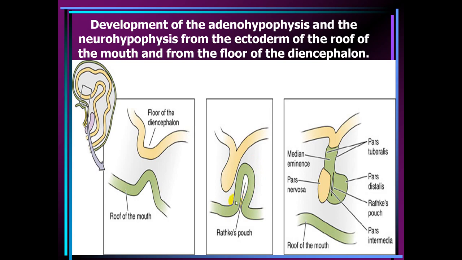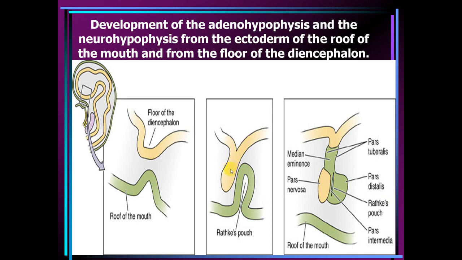This Rathke's pouch penetrates deep into the cavity of the skull and meets the outgrowth of the floor of the diencephalon. Yellow is the floor of the diencephalon. It also forms an outgrowth, the so-called infundibulum, and they meet one another.